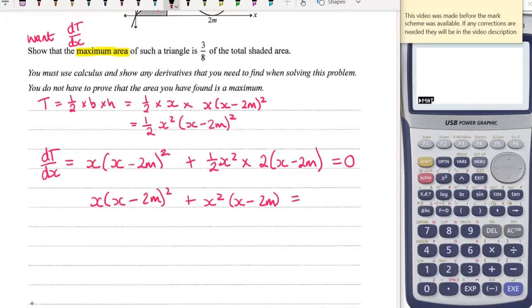There we go, is equal to 0. Taking out some factors here to solve this through, we can take an x out of everything. We can also take an x minus 2m out of all of those terms. So this first term here, I'd need another x minus 2m. And this term here, I'd need another x.